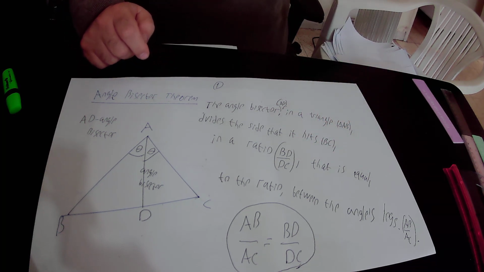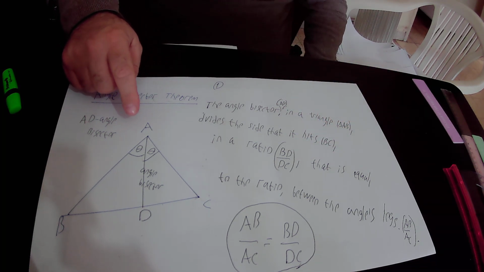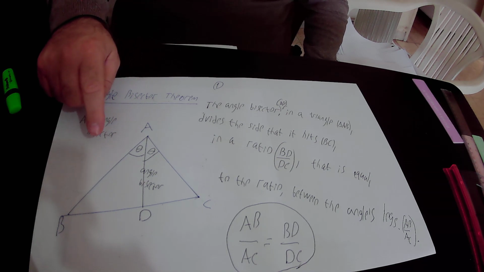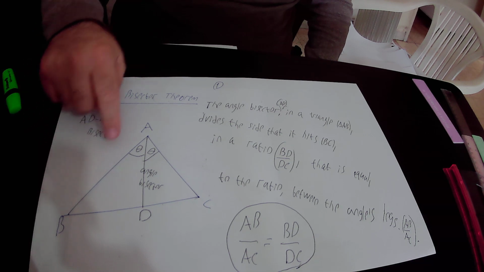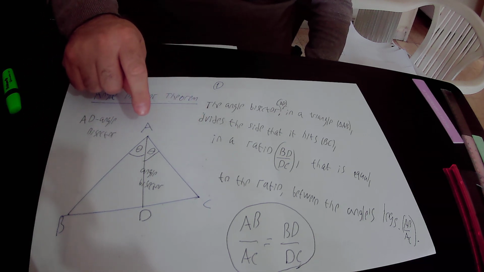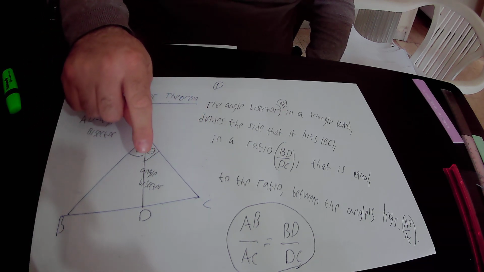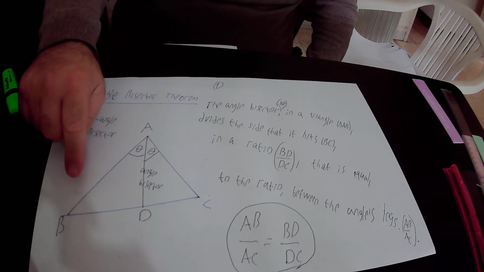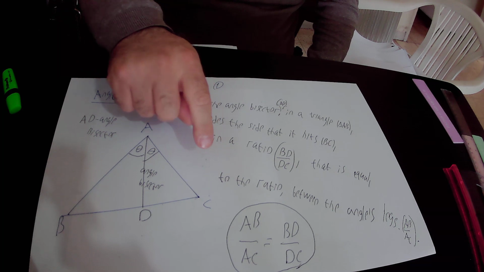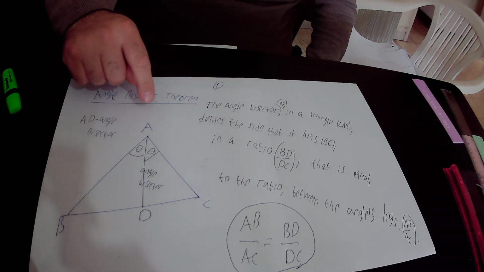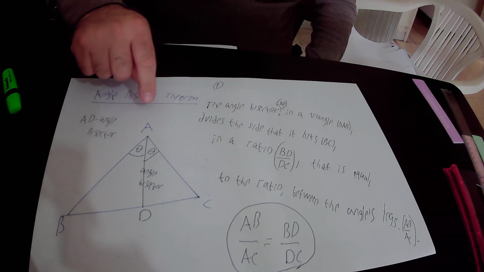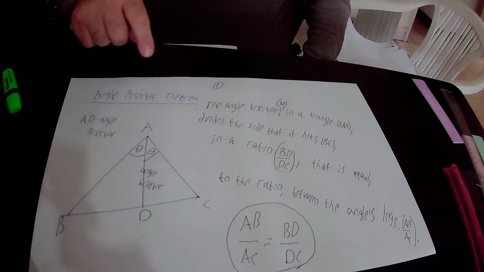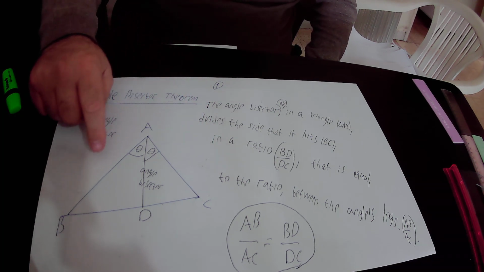We are relating to angle BAC, which is bisected into two halves, each equal to theta. Angle BAC has two legs. The first leg is AB, the second leg is AC. And the ratio between those two legs is AB over AC.